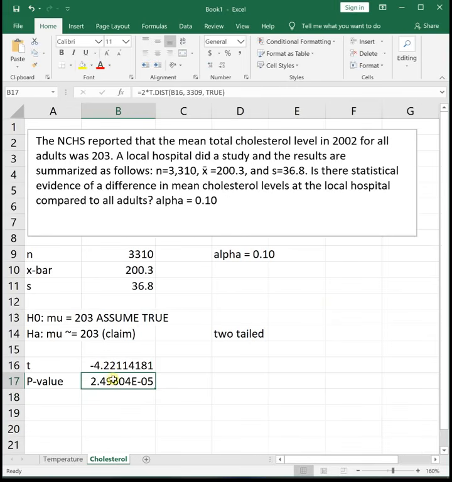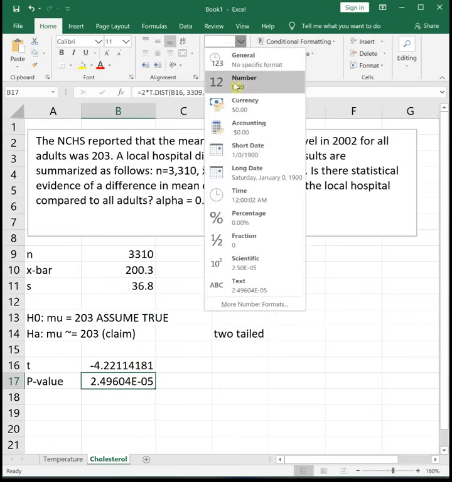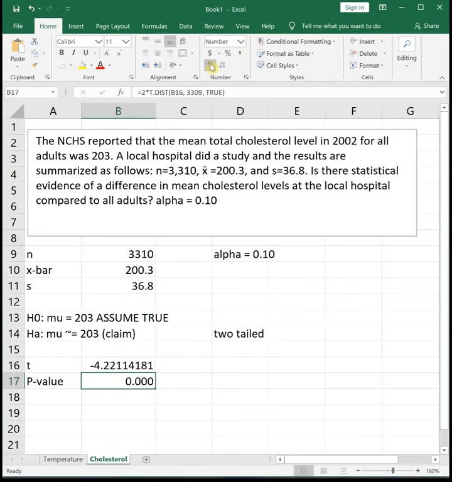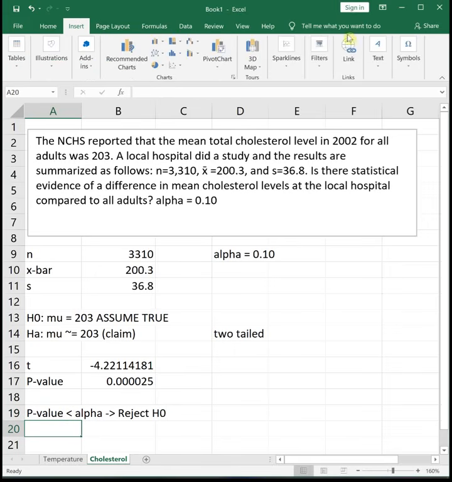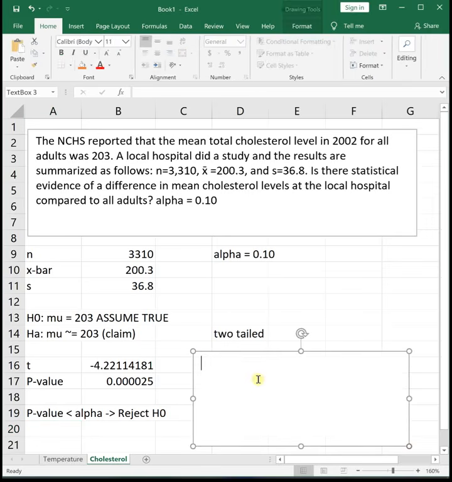And so we get, that's a very teeny tiny number. If I change it to be in number notation instead of scientific notation, crank up the decimals, we see that's a very, very small p-value. So our p-value is way less than our alpha, which tells us that we reject H naught. So if I write this all in a complete sentence, our p-value is less than alpha, that means we're rejecting H naught.